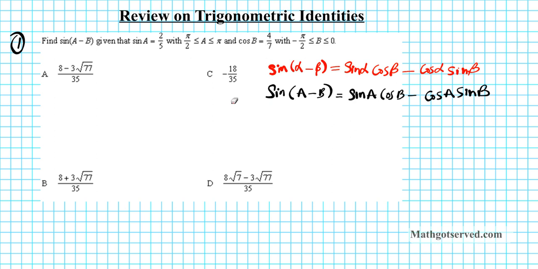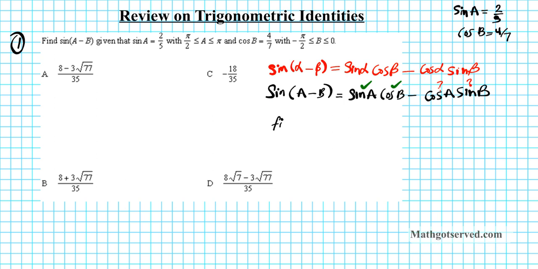We're given sine A, and we also know cosine B, but we need to find cosine A and sine B. Those are the two we need to find. Okay, so we can make a list up here of the things that we have. We have sine A is 2 over 5, and then we also have cosine B being 4 over 7. So we have to find the other two.